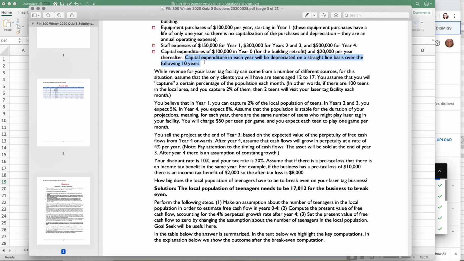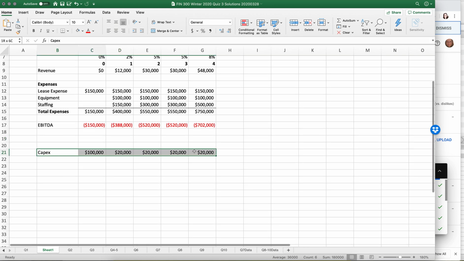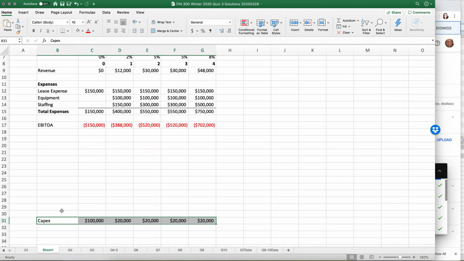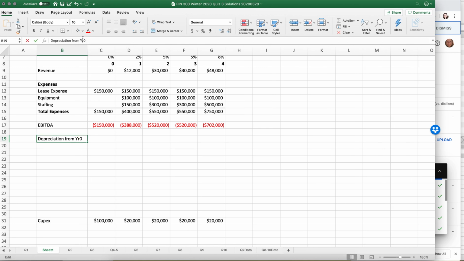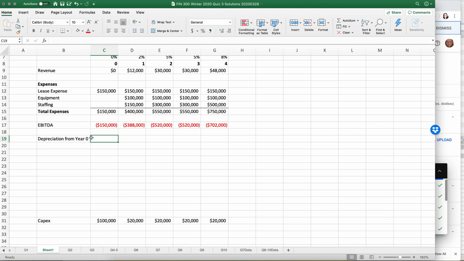Capital expenditures will be depreciated each year on a straight line basis over the following 10 years. So let me move these down a little bit. I'll just write it out. Year 0. There's no depreciation starting the first year, but the depreciation will be $10,000 going forward. It lasts for 10 years. It goes to 0.